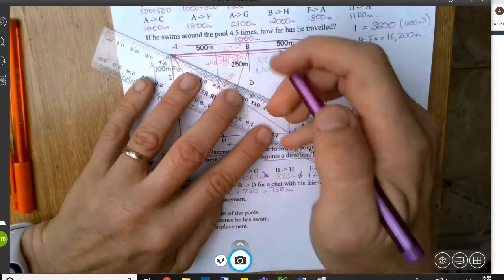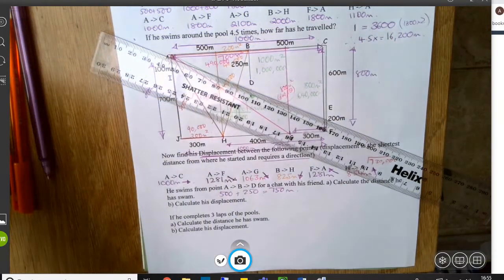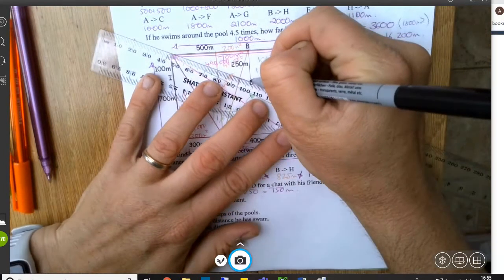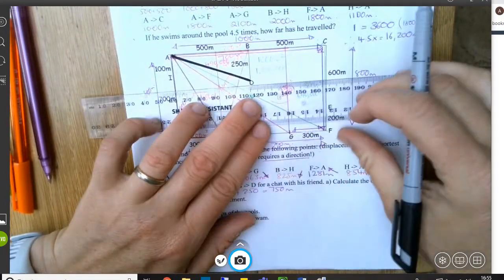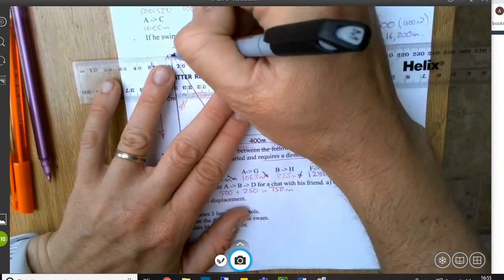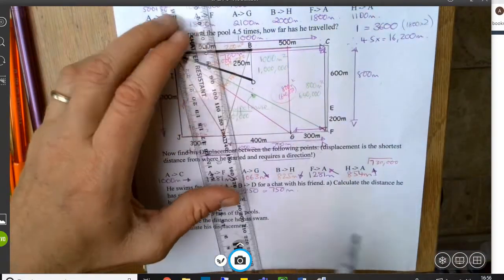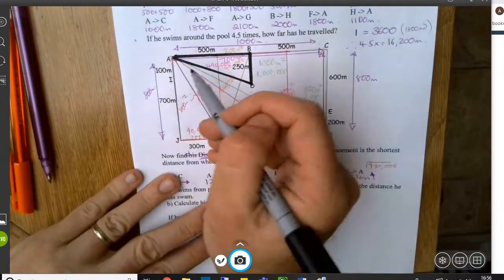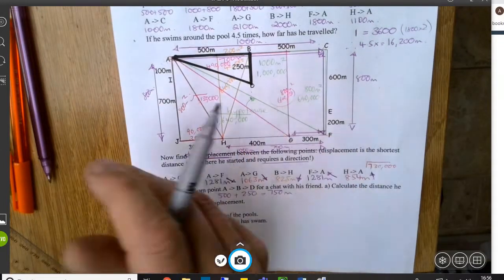We're going to do the same method again. So this time we're going to go. You'll notice now that I'm over the top of everything, so you won't be able to see anything now. Okay, 500 and 250.